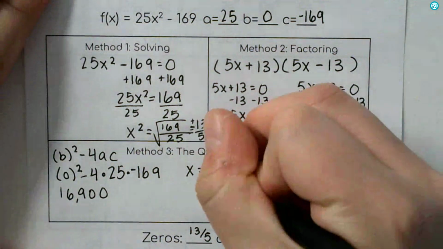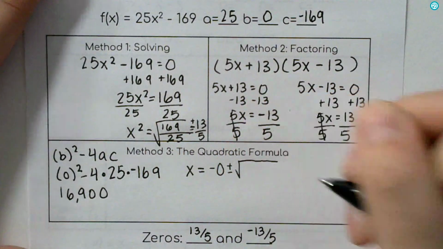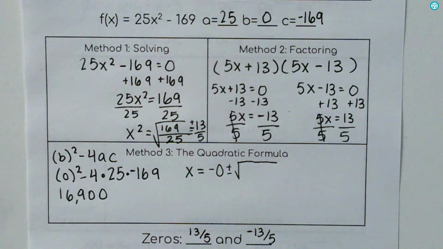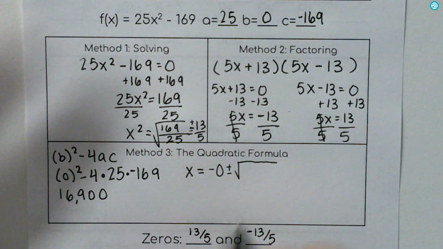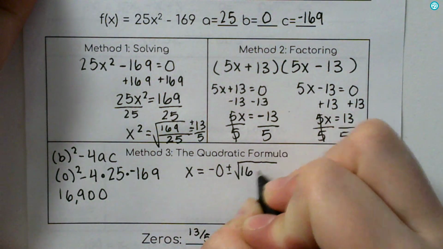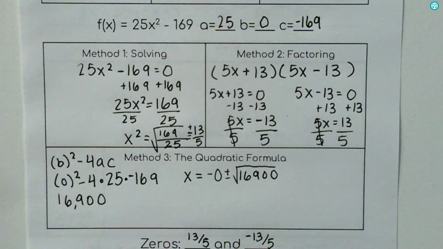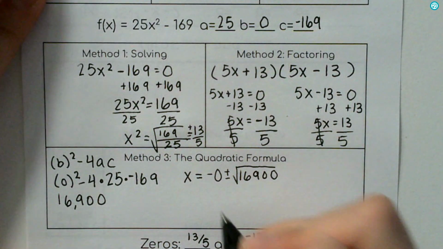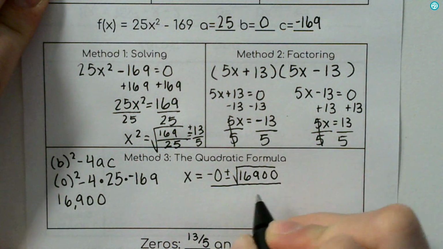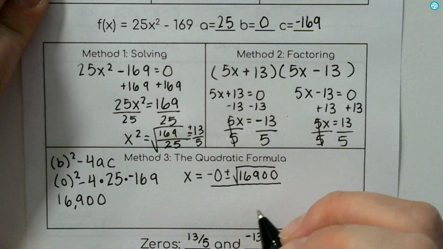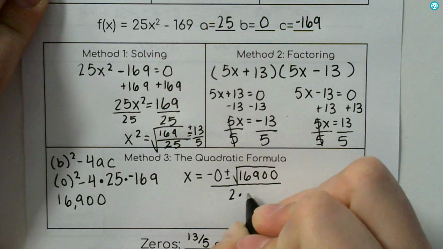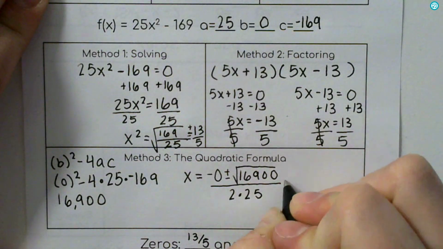Plus or minus the square root of b squared minus 4ac. I already did that. It's my 16,900. All over 2 times my a value. So 2 times 25.